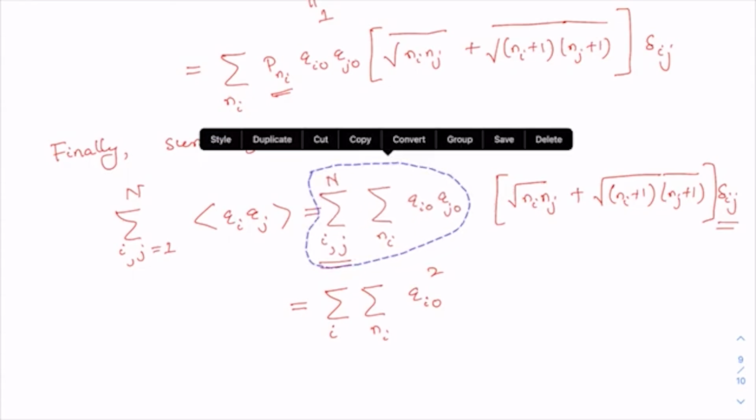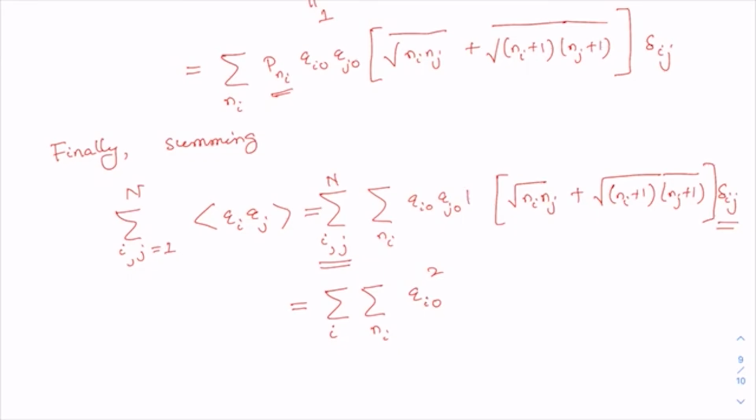Now because I take i is equal to j, I will have qi0 square, then I have pni. So from here I will get ni, and from here I will get ni plus 1. So this will give me 2 ni plus 1.